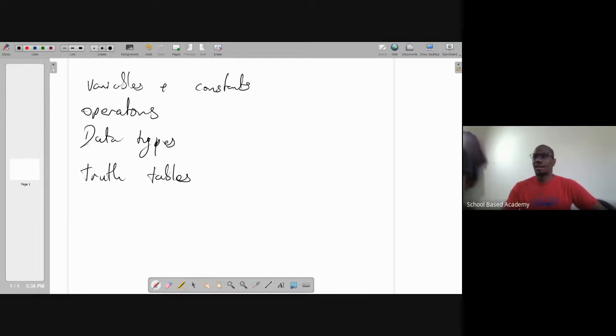Okay? Variables and constants are named containers which allow us to hold values, such as if we want to express the formula for the circumference of a circle, which I believe is 2 pi r. This is a mathematical representation of it.